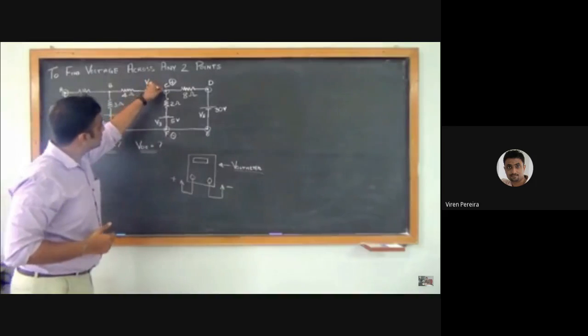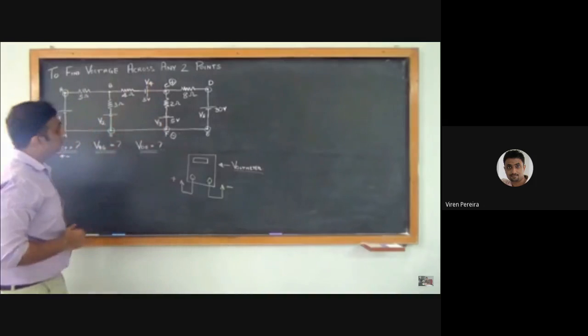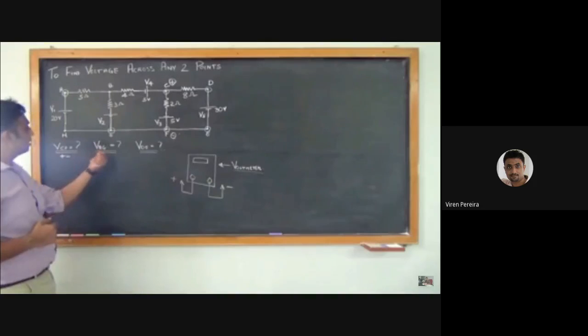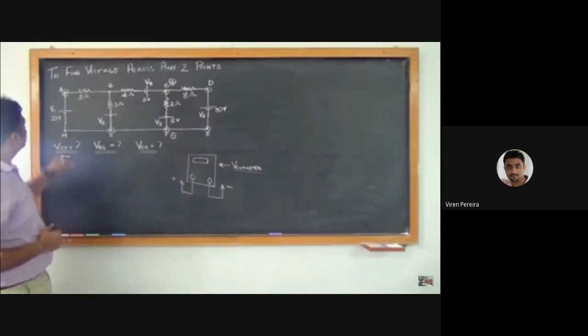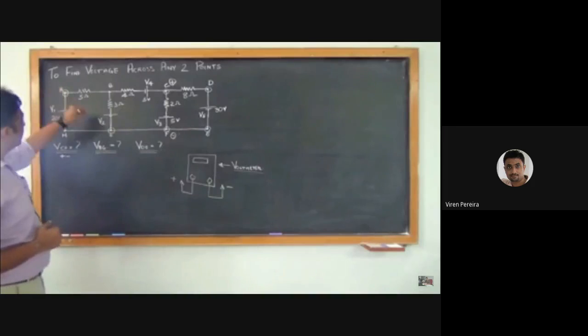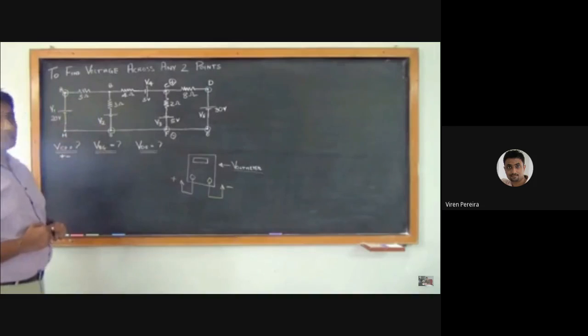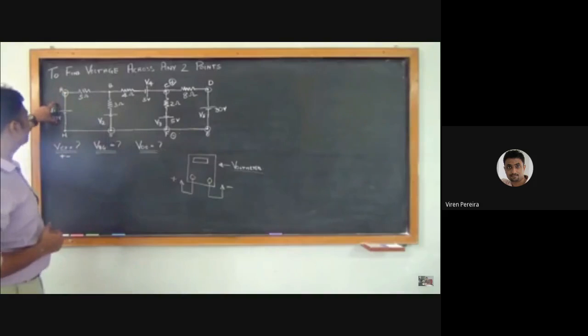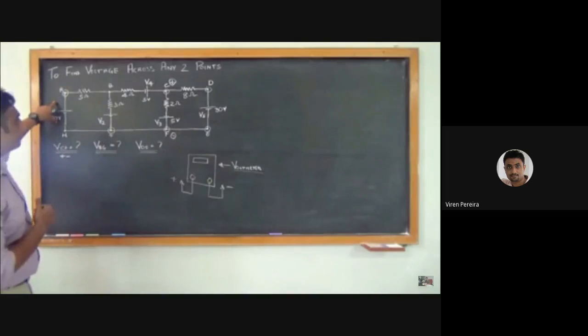So this is how you can find out the voltage across any 2 points in a given circuit. In the same way, if you want to find out the voltage AG, so I have 2 terminals here, A and G. Now the shortest way would be this, from A to H and H to G. We already found out the value of AG, it is 20 volts.